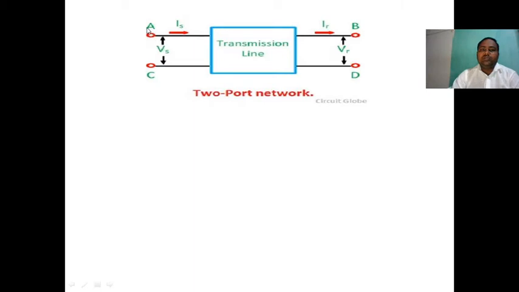So we have A, B, C, D: sending end voltage, receiving end voltage, sending end current, receiving end current. Consider the two-port network as a transmission line.